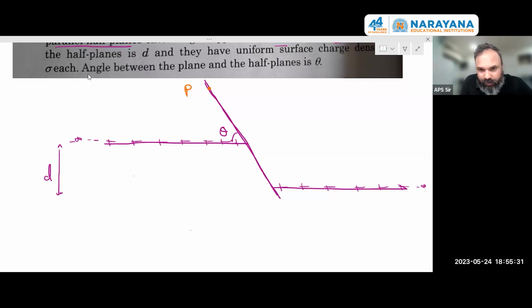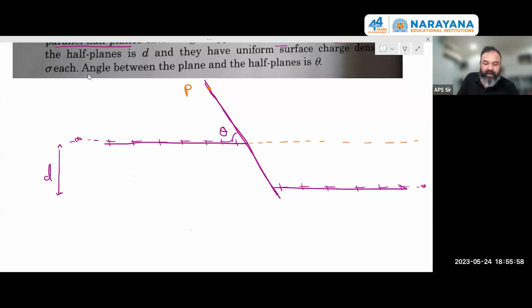If I justify that this colored plane, which I've drawn here, and this purple plane, which is here, are having the same field at this point, then I can do this transformation. And if I can bring this here, then it is a simple complete sheet, and my answer is sigma upon 2 epsilon naught vertically upwards. So the logic is only this much.